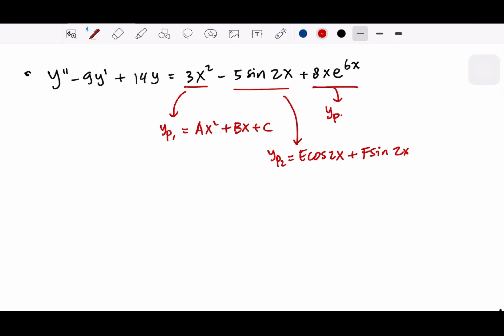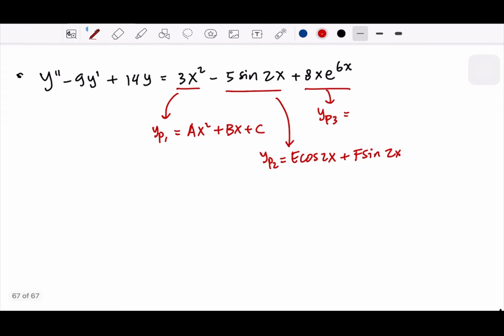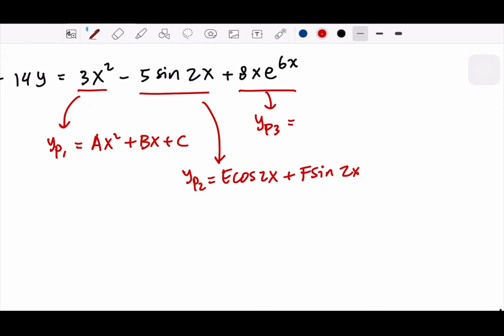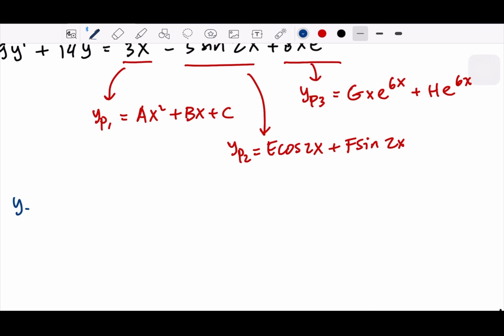And yp3, we have x and e, so we have g x e to the 6x and h e to the 6x. And then we can arrange all these yp in a long horizontal line.